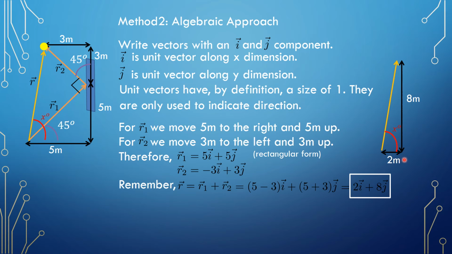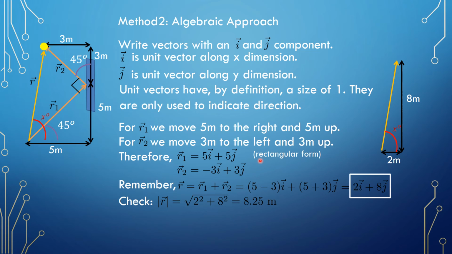Now let's check whether this agrees with our polar form, our geometric approach. The magnitude is the square root of 2 squared plus 8 squared, which comes out as 8.25 meters. So that's good, that is what we got for the geometric approach.